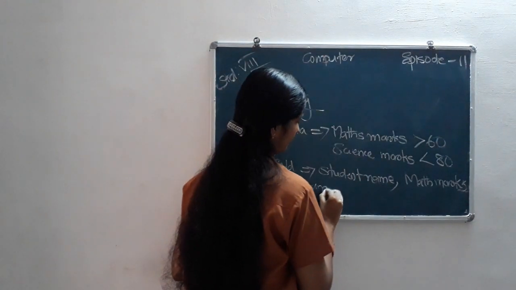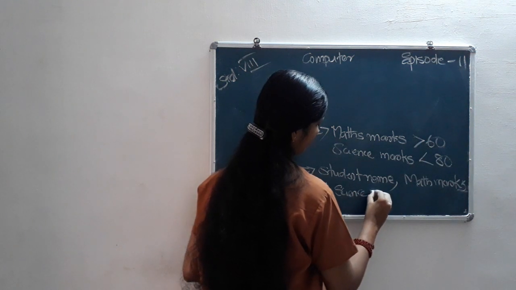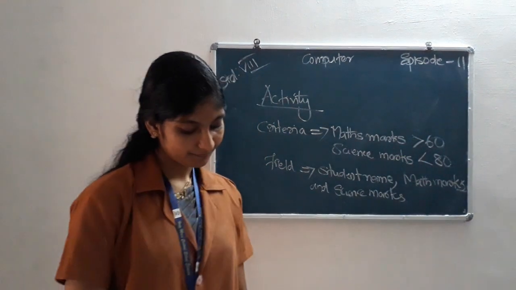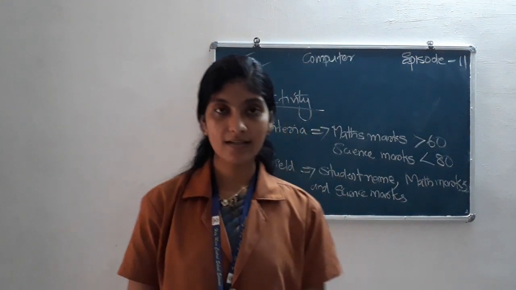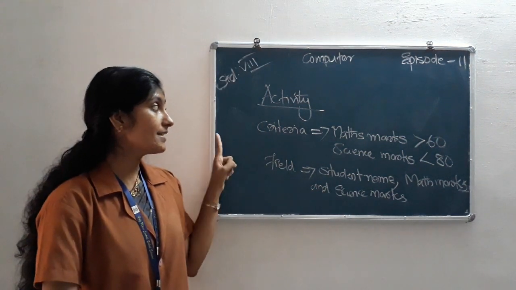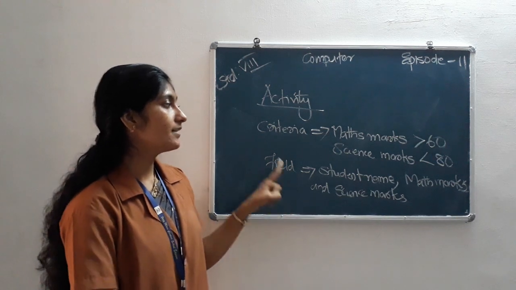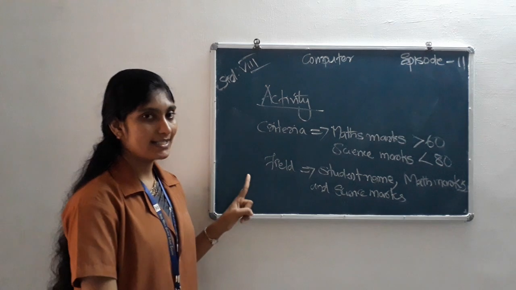Math marks and science. Right. So now the query is to display the names of students who got maths greater than 60 and science less than 80.